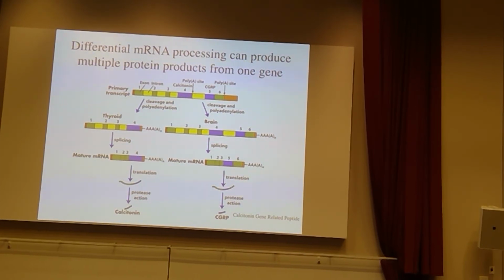So here's one example of that. This is an mRNA that encodes for a couple of different peptide hormones. We generate this primary transcript, but in this case we can have two particular positions at which we add a polyadenine sequence.